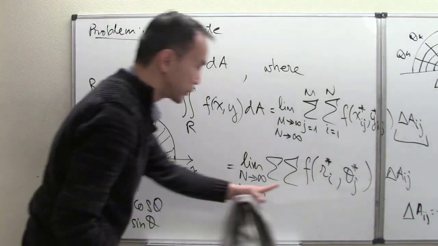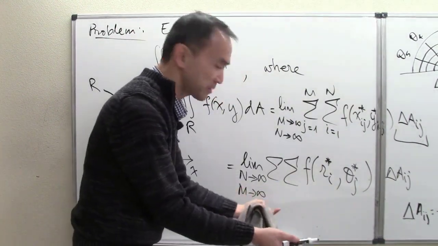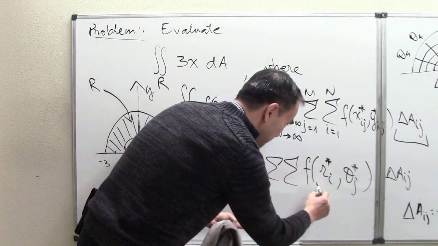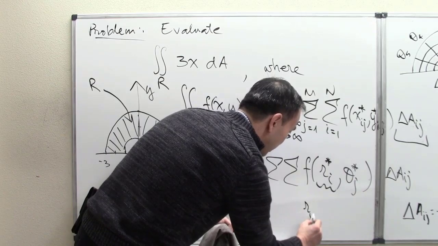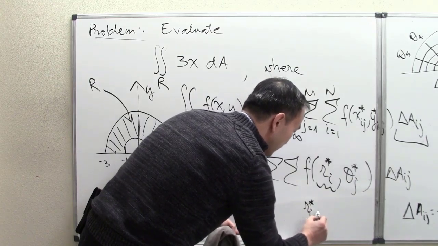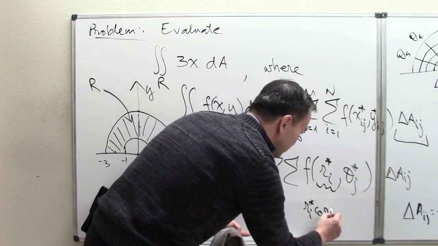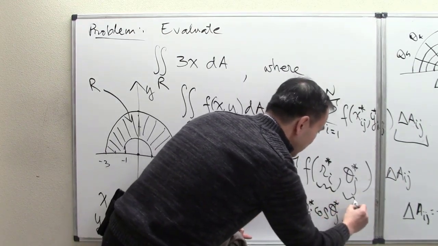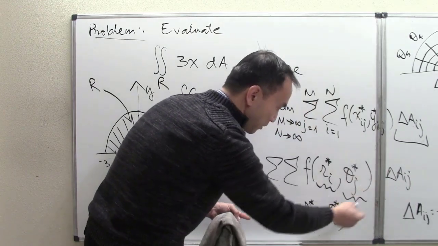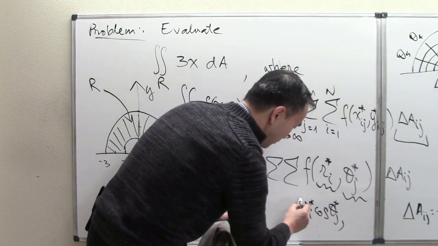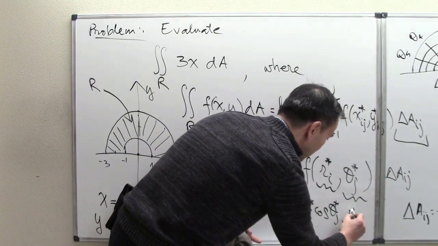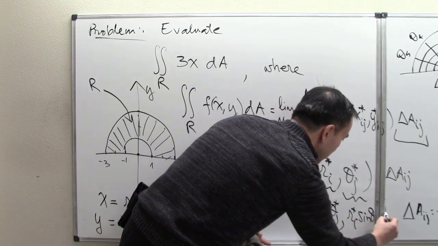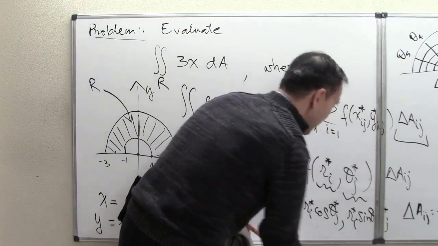And so the real truth of this, and I'm short of space, that's why I'm writing it like that, is that f of this part right here is supposed to be some r_i star times cosine of theta_j star, comma, and then this y component after the comma is supposed to be some r_i star times sine of theta_j star. That's how it's supposed to be written.